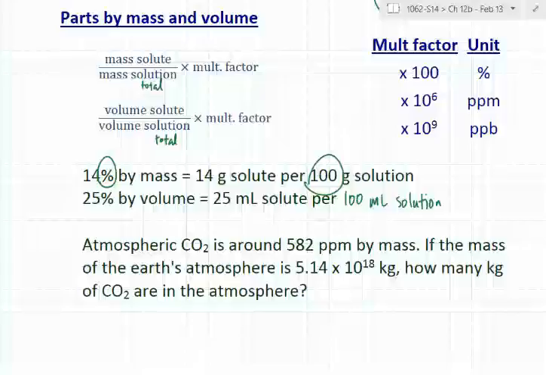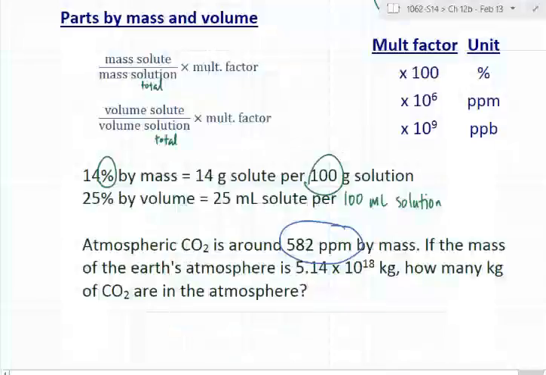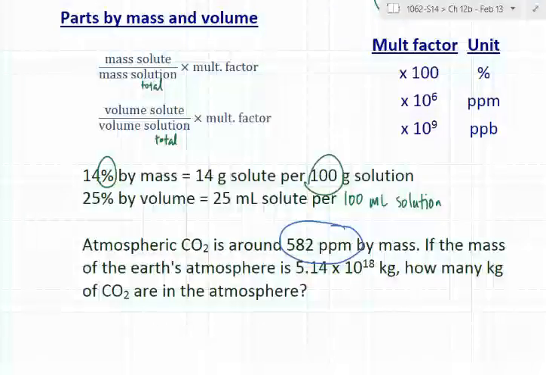Let me show you a way of setting this up so the units cancel. But essentially, this is just kind of like a percent problem. What I would do, understand that I've got 582 parts per million, which means I'll have 582 units of mass of CO2 per 1 million units of mass of atmosphere. Right, total. So those units can be whatever you like. It would be nice if we did it in kilograms, because that's what we're being asked about.